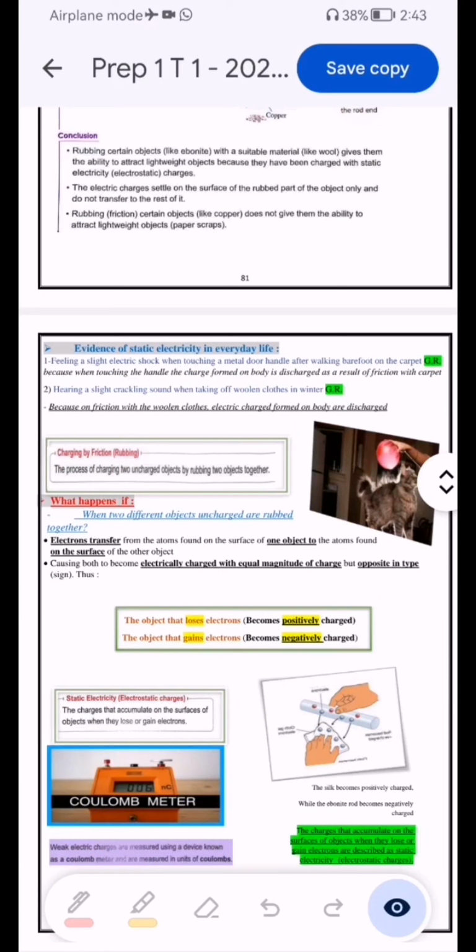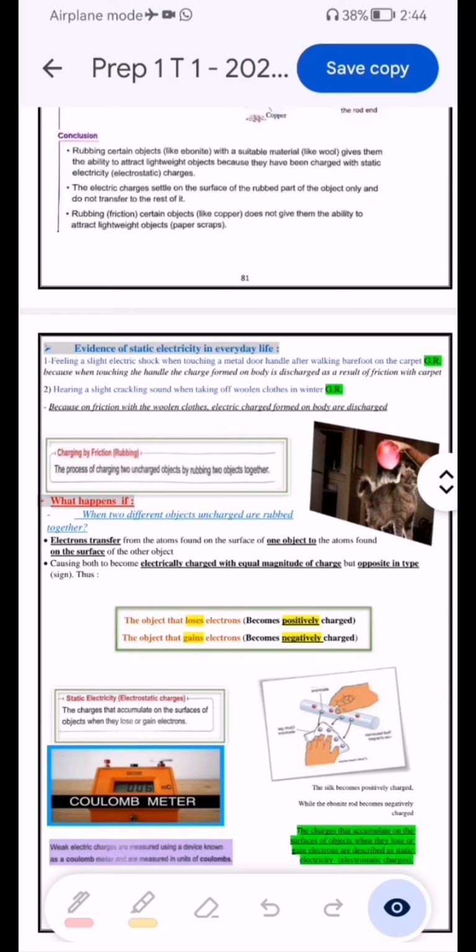So some charges accumulate on your body. When you take off the clothes, what happens? These charges will discharge, or go away from your body. So you hear this sound because, on friction with the woolen clothes, the electric charges formed on the body are discharged.